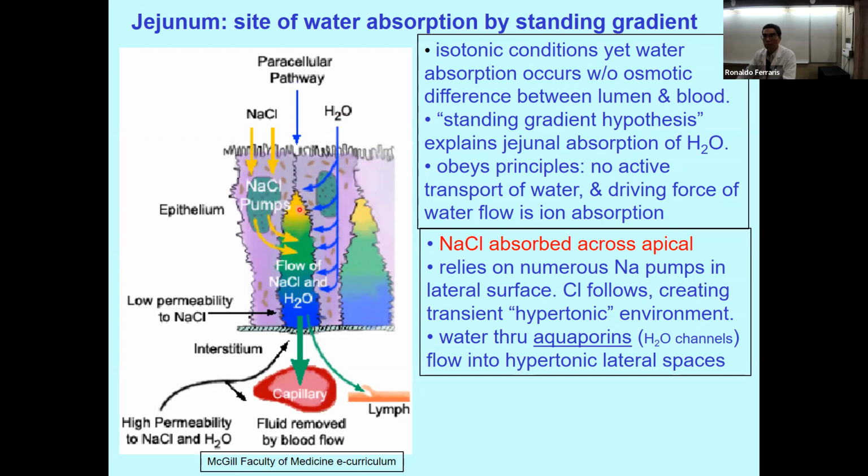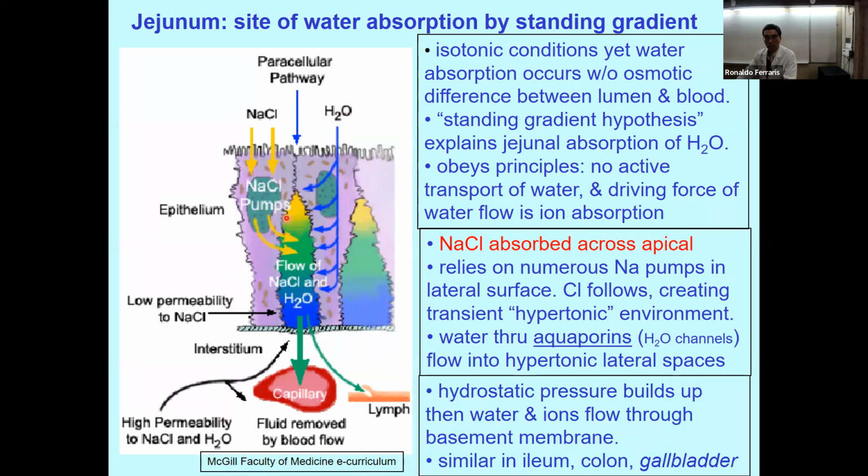Once the intercellular space is getting full, hydrostatic pressure builds up, and water and ions flow through the basement membrane. This is how we absorb fluids from two sides where one side is isotonic to the other. A similar process occurs in other regions where water is absorbed: ileum, colon, gallbladder.